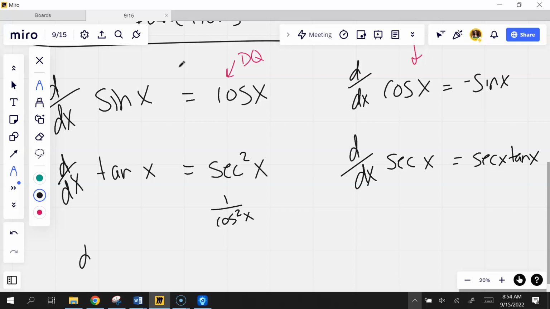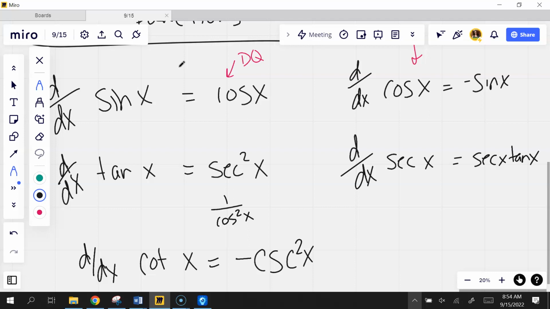The derivative of, I should have gone in order on your sheet. Cotangent x is negative cosecant squared x.